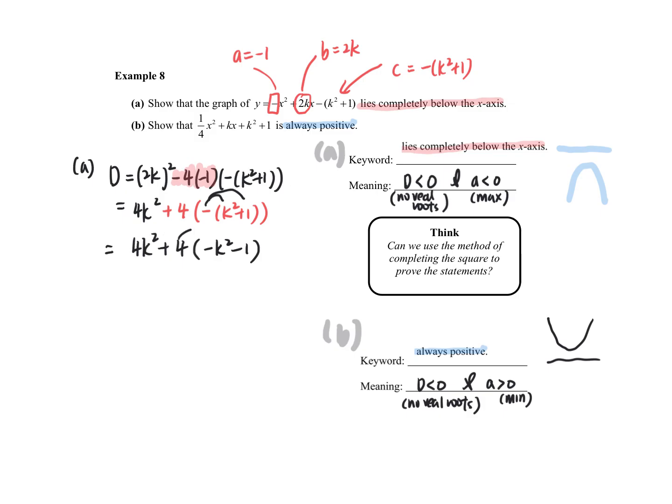Okay, check your expansion. Okay, check your expansion carefully. Your C is a negative k square plus 1.